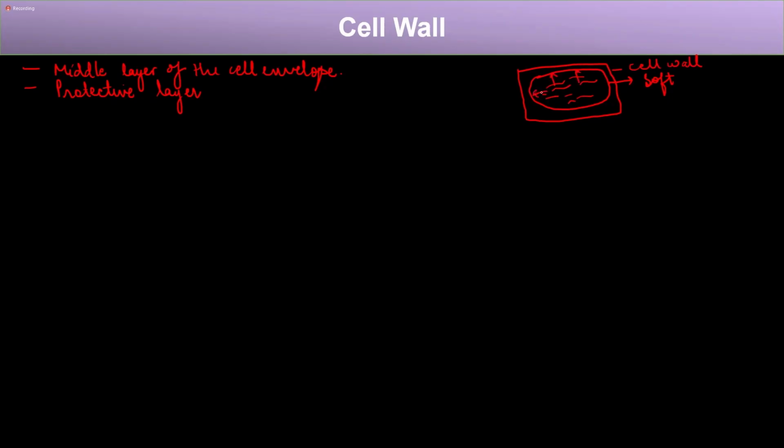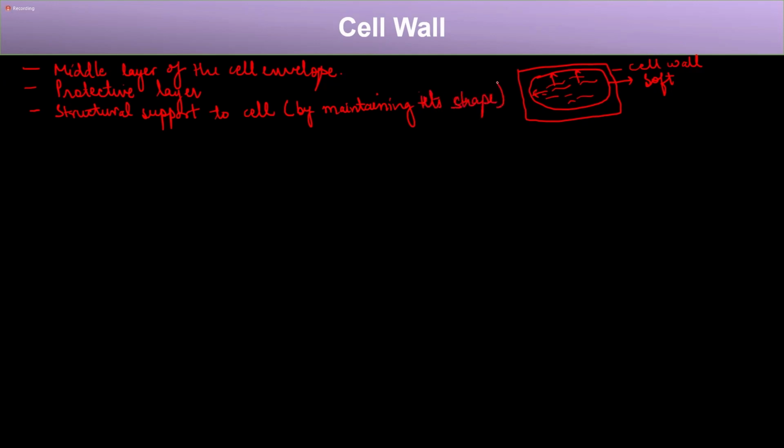Once it exerts pressure, because the plasma membrane is soft in nature, its shape will distort, right? But the cell wall is hard, so it prevents the distortion of the cell shape. Hence, it provides structural support to the cell. Its major function is that it provides structural support to the cell by maintaining its shape.